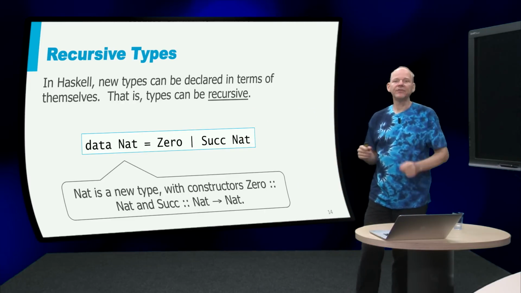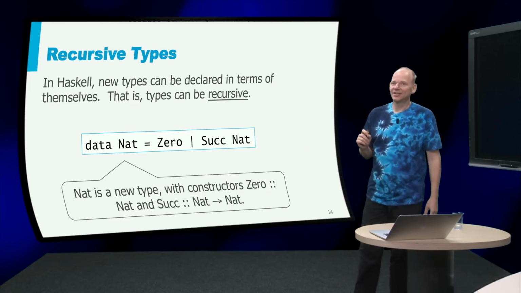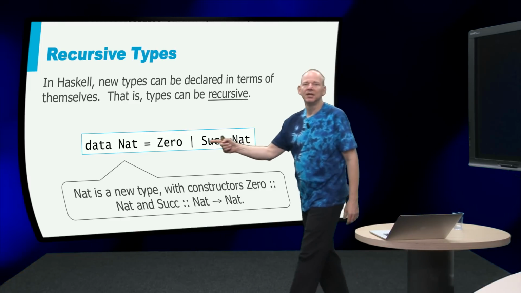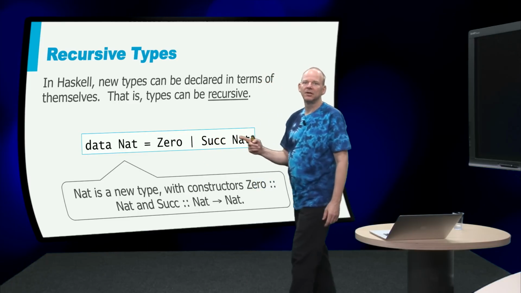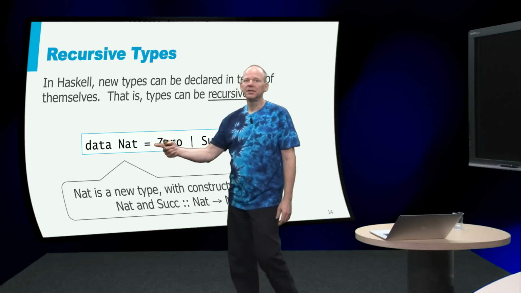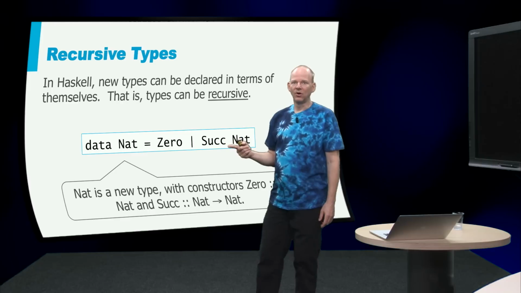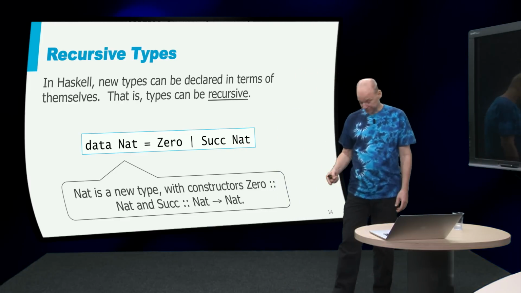But if we represent integers this way, we can write nice recursive functions on these two cases. It's either 0 or the successor of a natural number. So a natural number is either 0 or it's one more than another natural number.